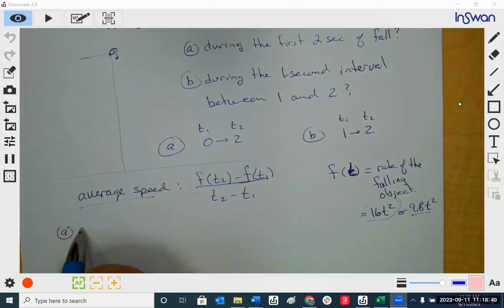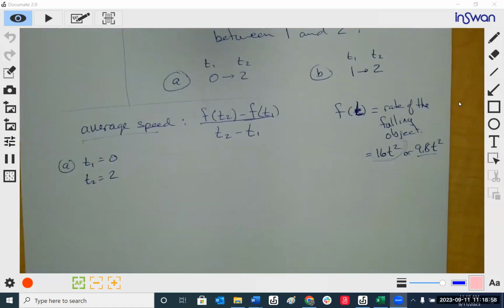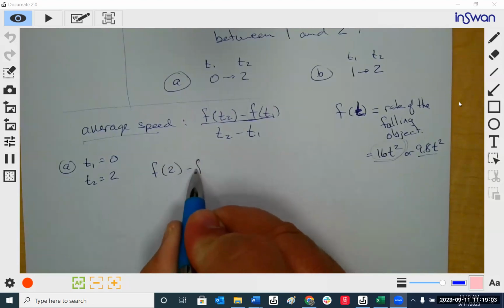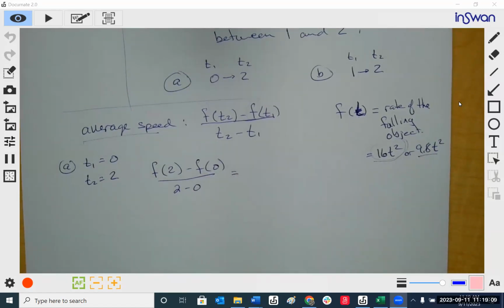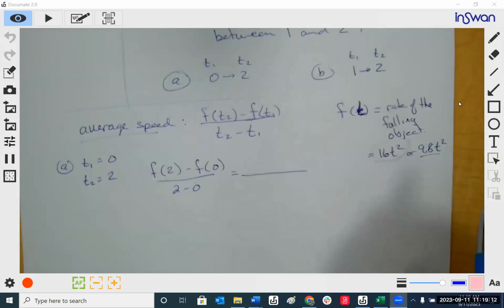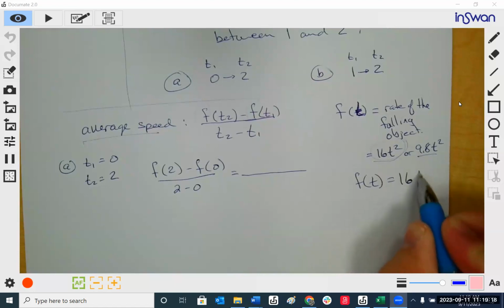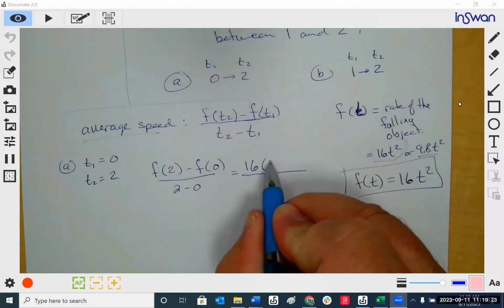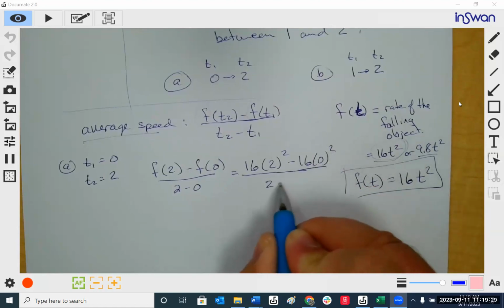So in A, T1 is 0, T2 is 2. So since f of t equals 16t squared, we have 16 times 2 squared minus 16 times 0 squared over 2 minus 0.